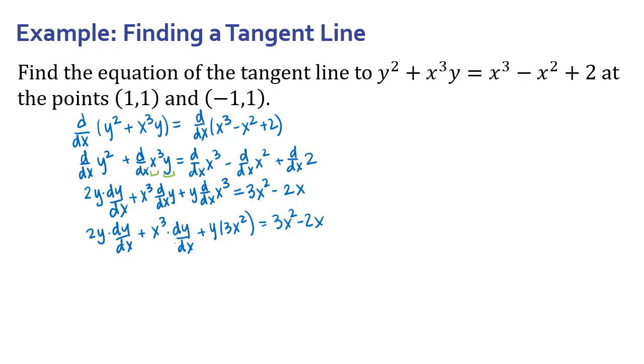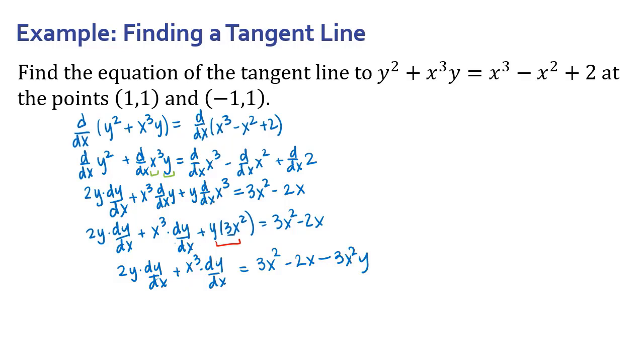So let's keep the dy/dx terms on the left and move the one term that doesn't have dy/dx over to the right. That gives us 2y dy/dx plus x cubed dy/dx equals 3x squared minus 2x minus 3x squared y.